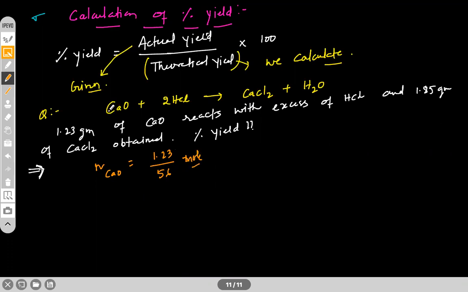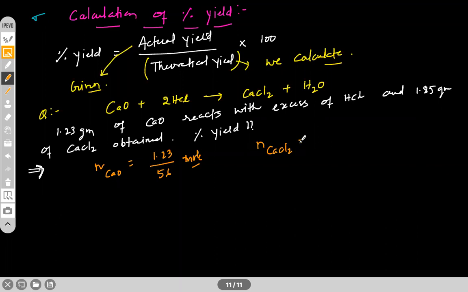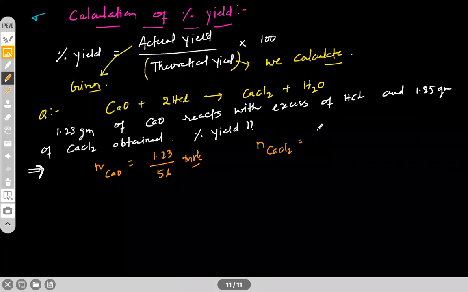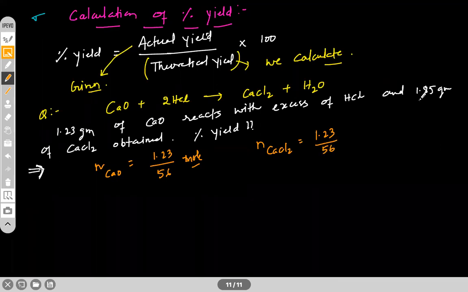So 1 mole of this gives 1 mole of this too. So number of moles of CaCl2 is equal to 1.23 divided by 56. But since the actual yield is given in mass, this also we have to convert in mass.